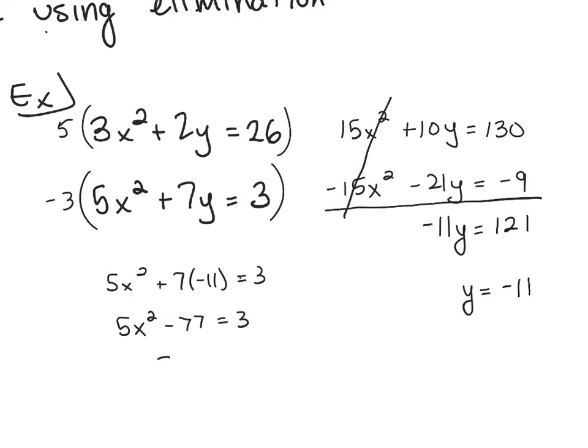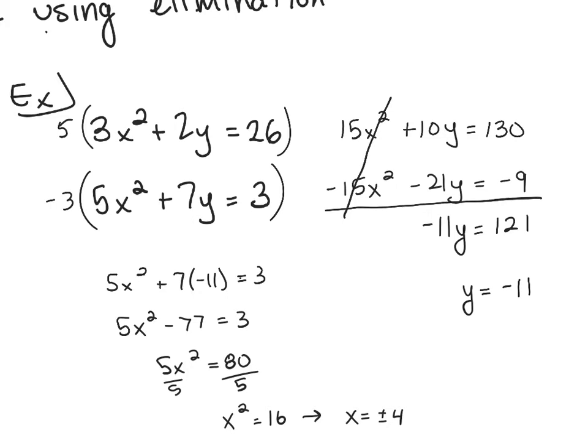And then add 77 to the other side. And divide by 5. And that's 16. And then if we square root both sides, we get x equals, don't forget the plus and minus, 4.